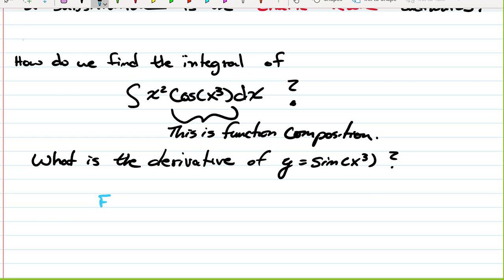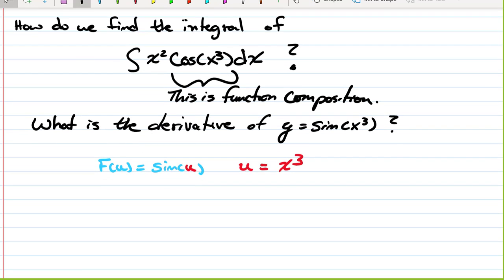Then our f of u would be sine u, and our u is going to be x cubed. So then our y prime by the chain rule would be df du times du dx.